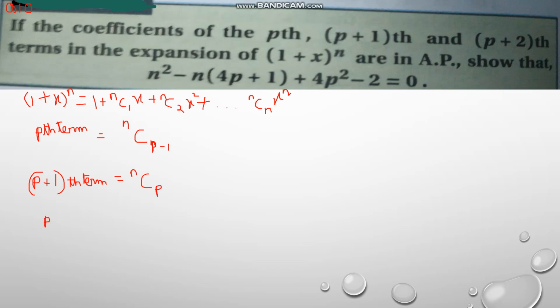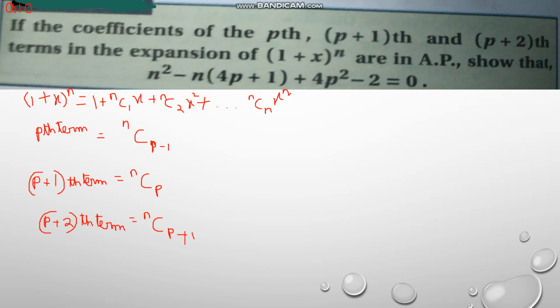Now the p plus 2th term is nC(p plus 1). This is the p plus 2th term.